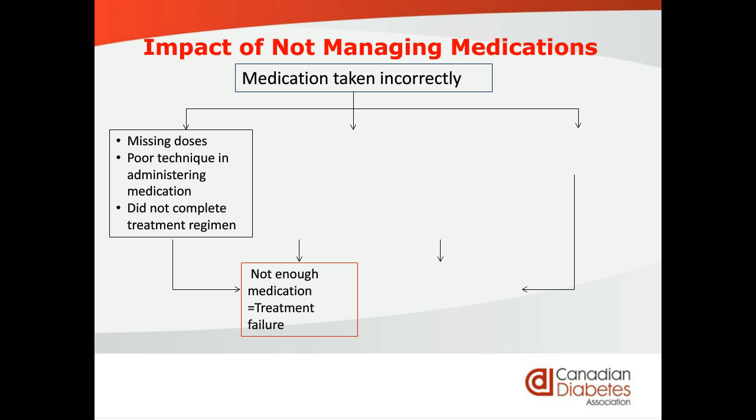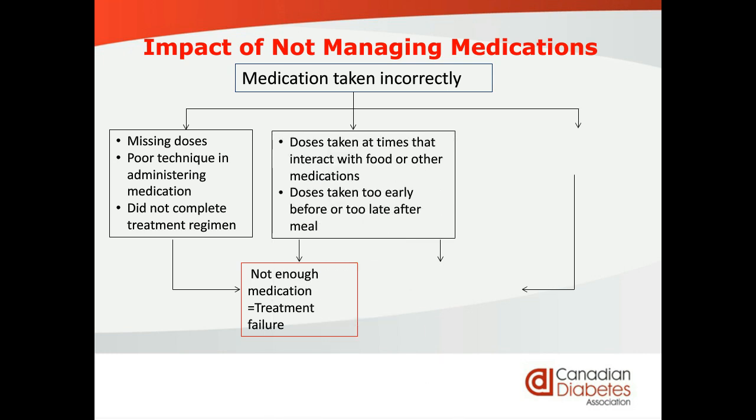That will result in treatment failure. The second scenario is if the doses were taken at times that interact with food or other medications, or the doses are taken too early before or too late after the meal. Again, that also can result in not enough medication in the body and points in the direction of treatment failure.